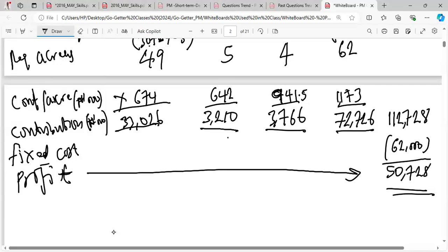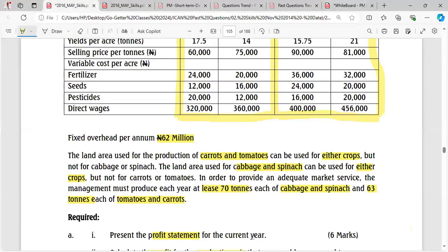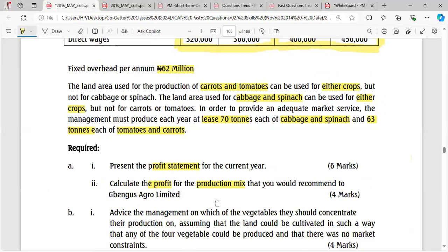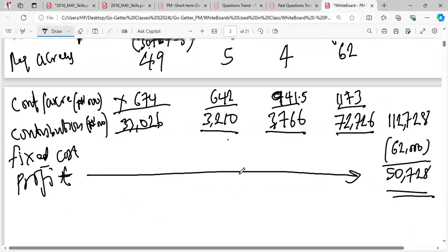50,728. So that's the answer to the second part of the question that asked you for the profit for the production mix you recommend. So what is the production mix you recommend here?